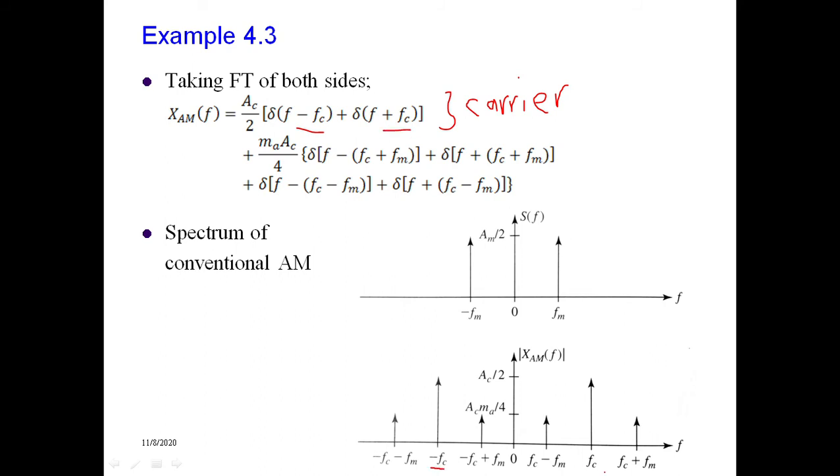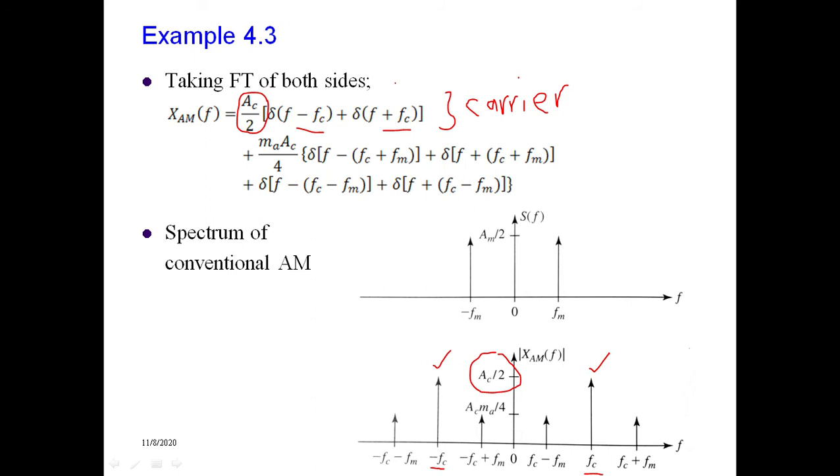And what is the amplitude? AC divided by 2. So this is the first pair of deltas.